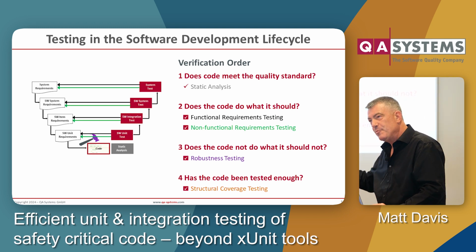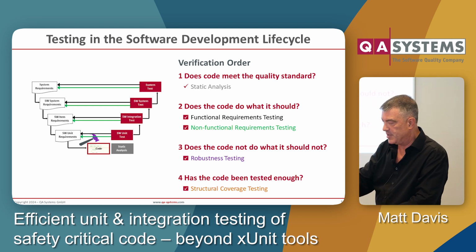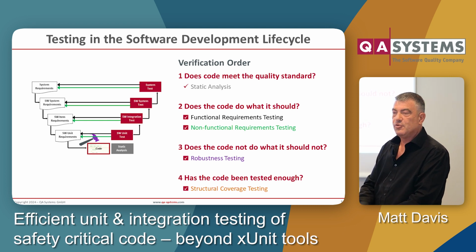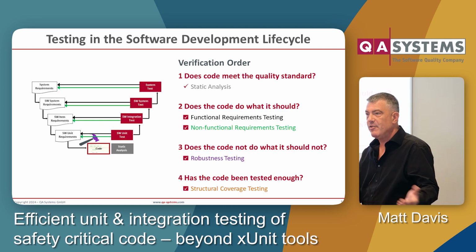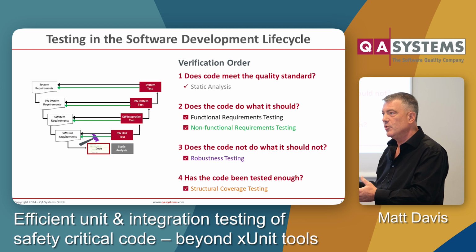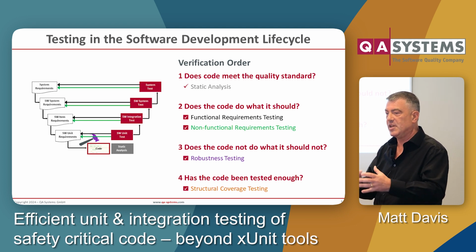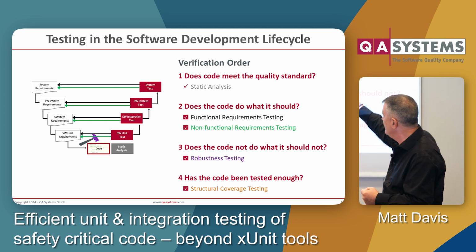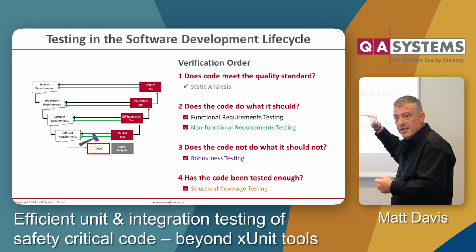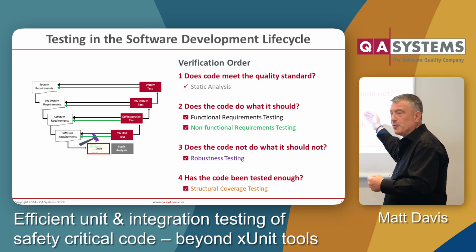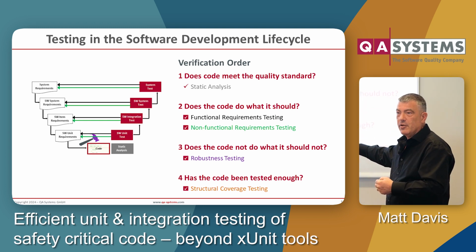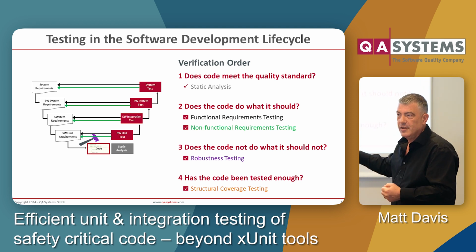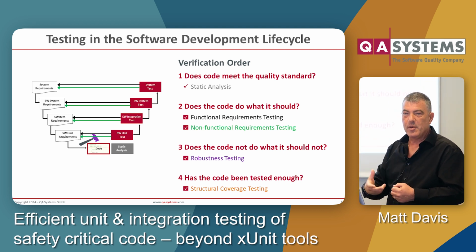One element that helps you indicate how much of that should be done is structural code coverage. It is a very common technique mandated by all of the safety critical standards that says, almost as a backstop, after you've done, does it do what it should? Does it not do what it should not, to a reasonable degree? Have I tested all the code? Have I got code here that I haven't got a requirement for?